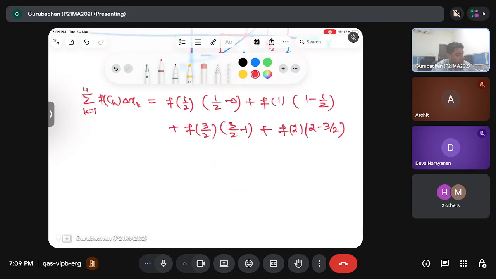Now quickly, first of all, tell me how you will expand the expression for the midpoint. Midpoint of each subinterval. What is the value of ck? What is the first interval? 0 to half. So the length of the interval is half minus 0. What is the midpoint of this interval?